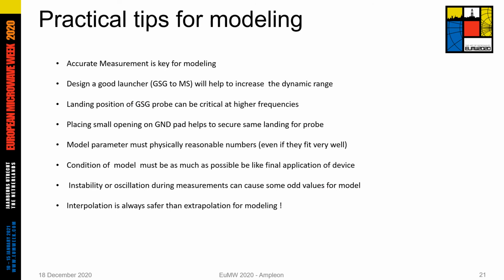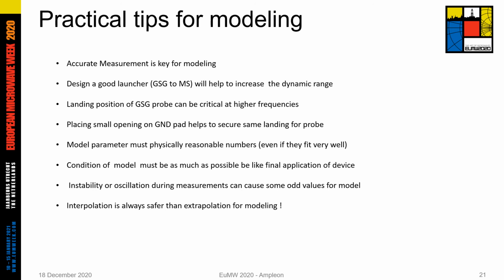There are some tips and practical points that can help you during the measurements or during the modeling. Accurate measurements are the key for modeling. Designing a good launcher, especially for on-wafer calibration, is the key.